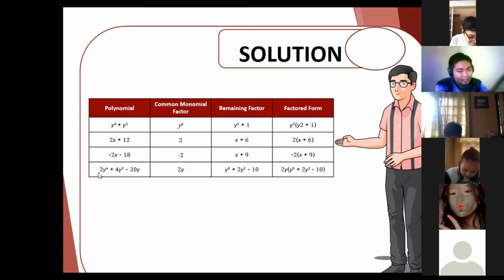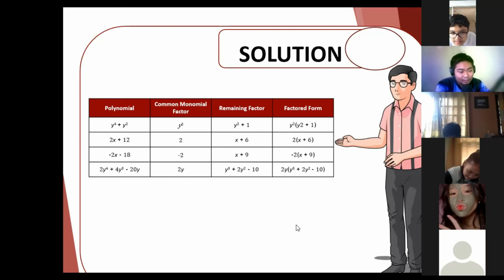So divide natin. 2y raised to 4 divided by 2y is y cubed. Plus 4y cubed divided by 2y is 2y squared, and negative 20y divided by 2y is negative 10. Then pagtabihin lang. If you want to check your answer, you can multiply it using the distributive property.